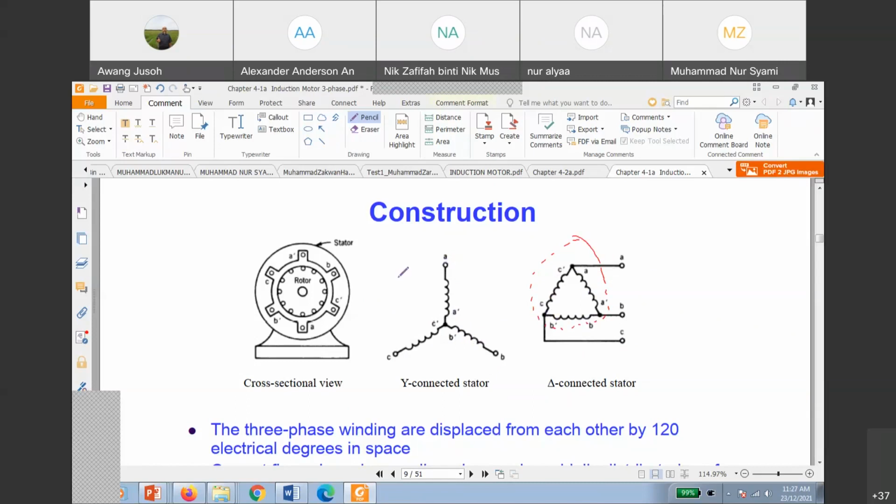For star, I line equals I phase, and V phase equals V line divided by root 3. In delta, V line equals V phase, and I line equals root 3 times I phase. I hope you know about the relationship between phase and line for star and delta.